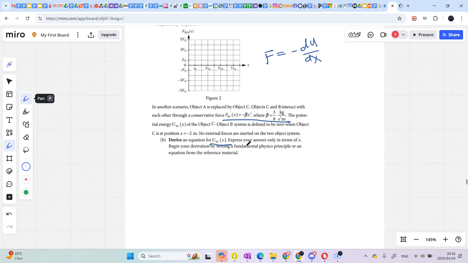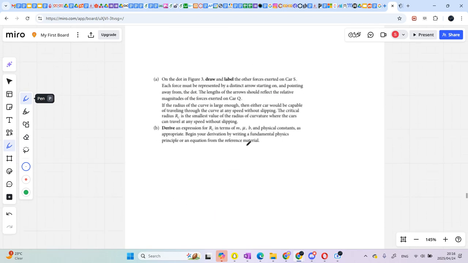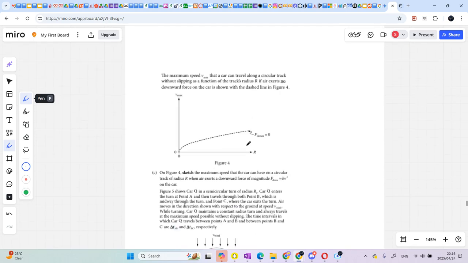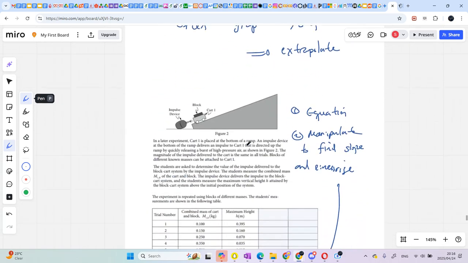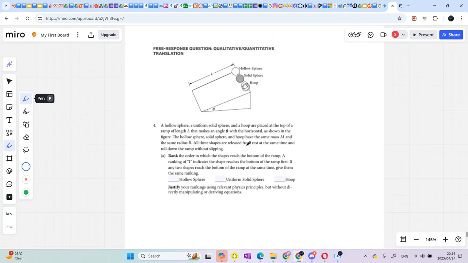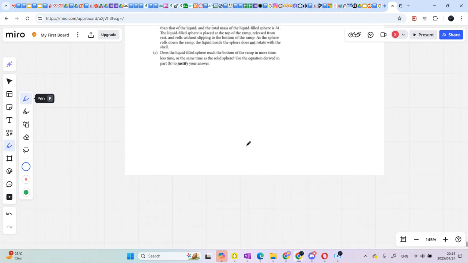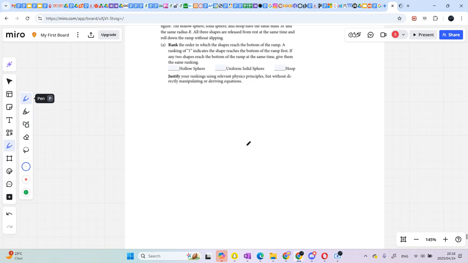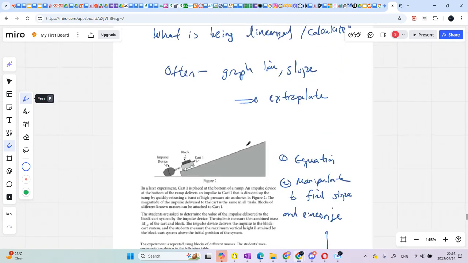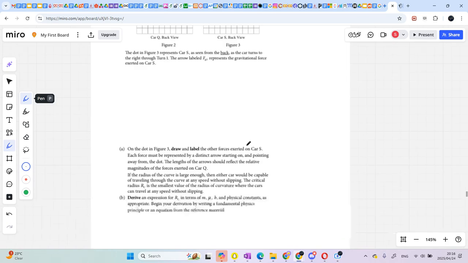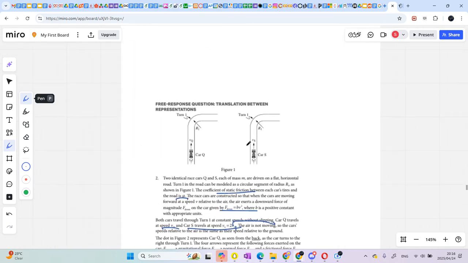So, I know there's a lot of yapping, but read everything carefully, understand what they're asking, know how to derive expressions, beware of functional dependencies, and make sure all of your representations, whether mathematical, graphical, or physical, match and are consistent with each other.